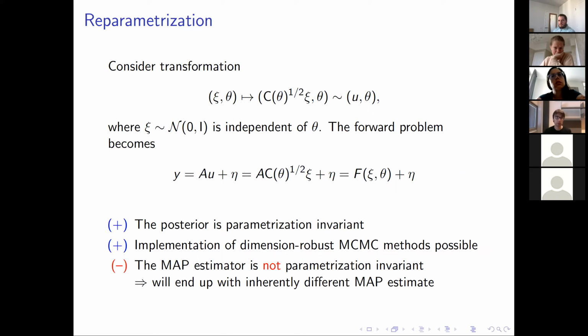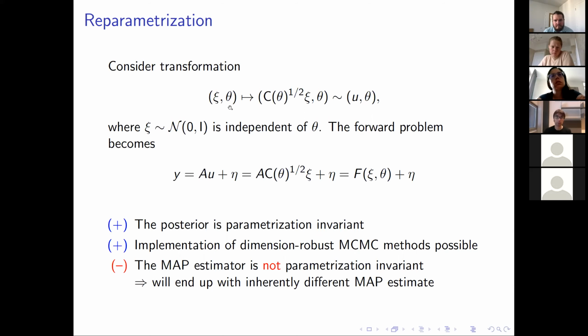And a typical reparametrization in our problem is to consider a transformation described here, so that you rewrite our pair U and theta as two independent parameters, psi and theta.